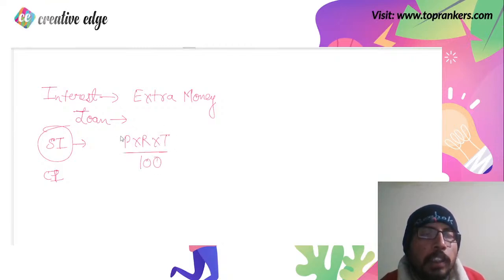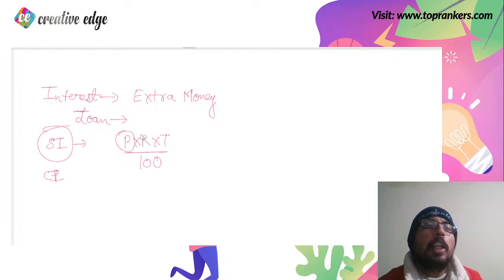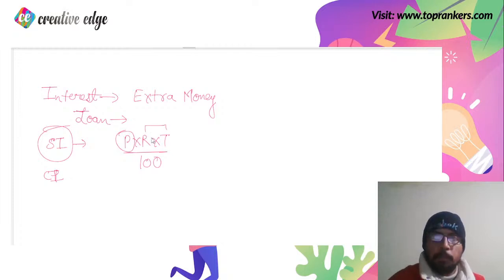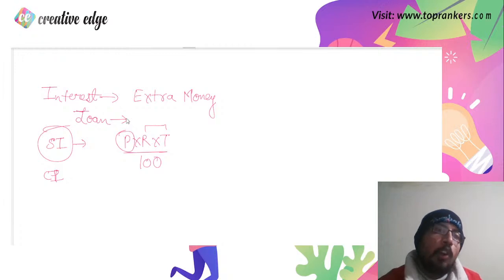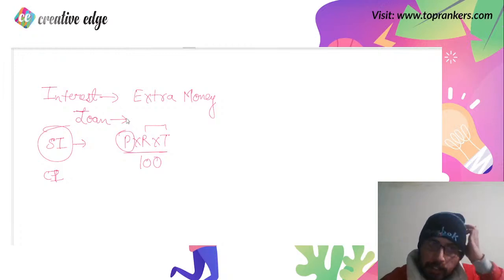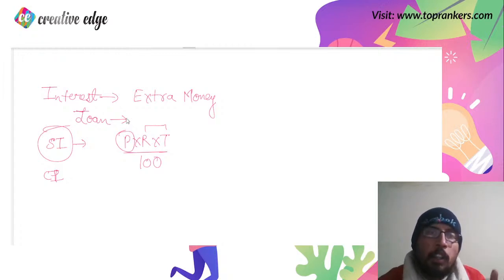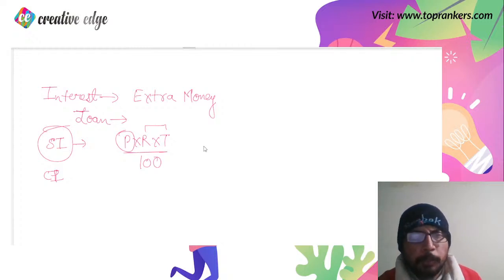You can see that this principal is being multiplied by both rate and time. So you are applying interest on principal only. You are not applying it on any other terms. So this is how you calculate simple interest.